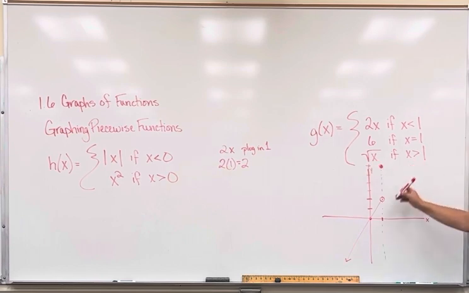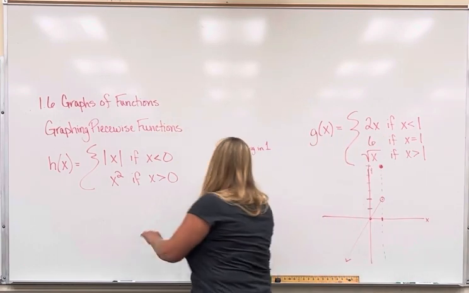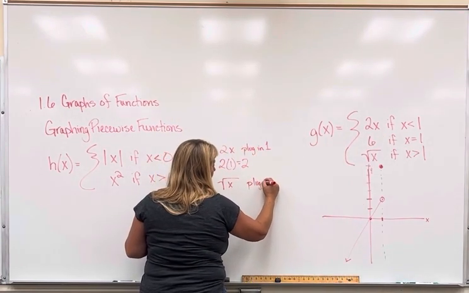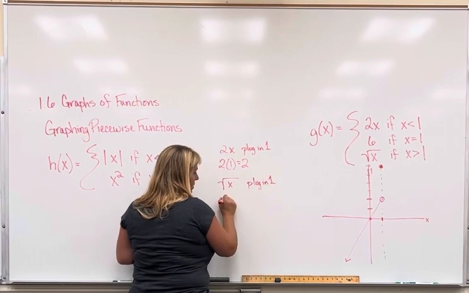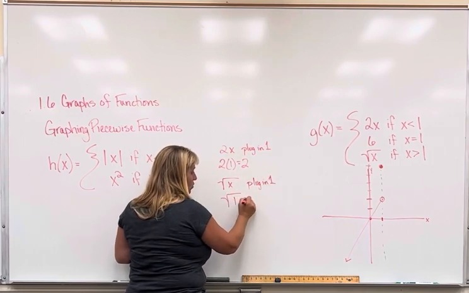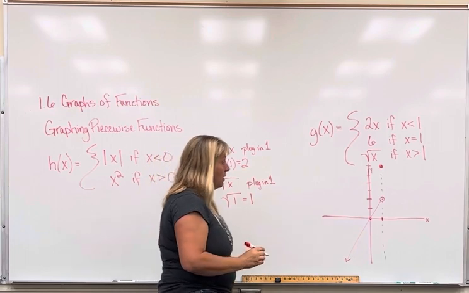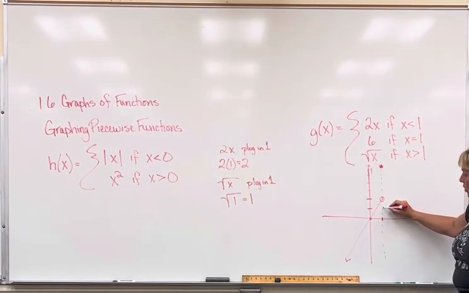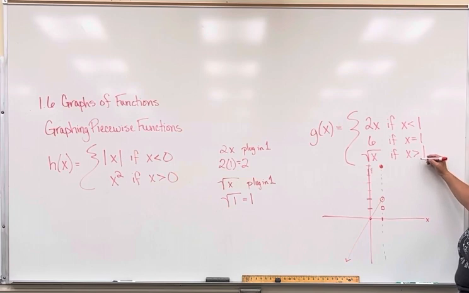So again, if we want to know where the square root of x is at 1, we plug in 1, so we get the square root of 1, which equals 1. So at our boundary here, we're going to be at 1, but it's also going to be an open circle because it's not including.